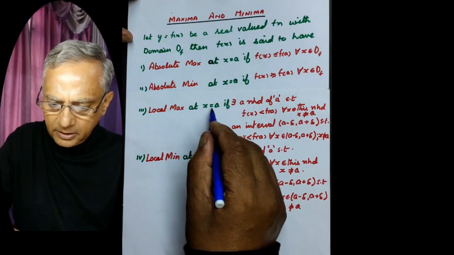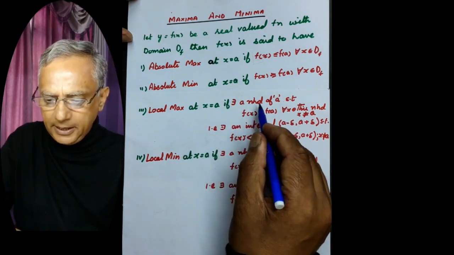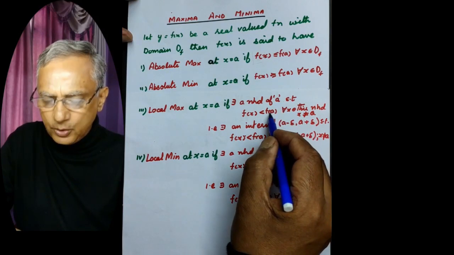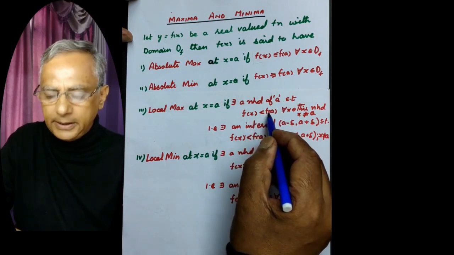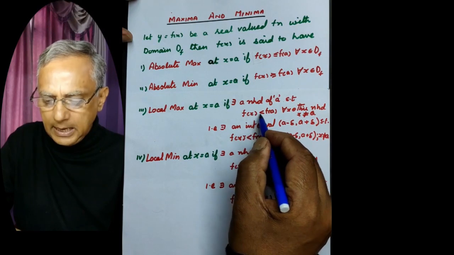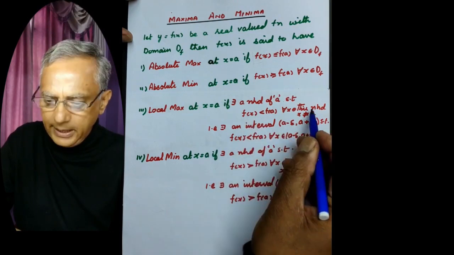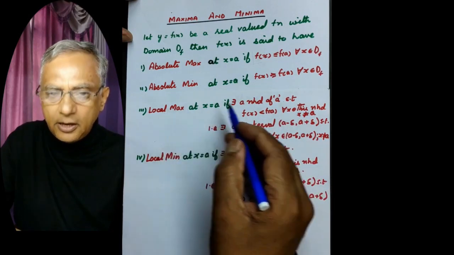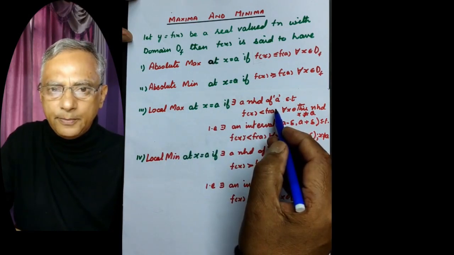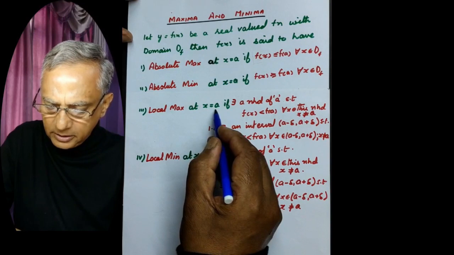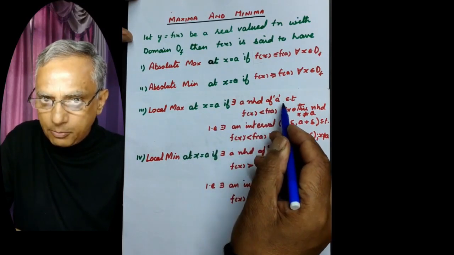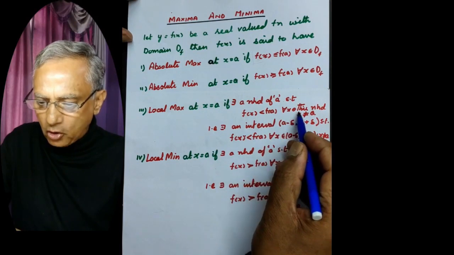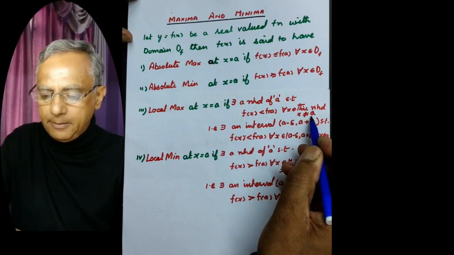Local maximum at x equal to a if there exists a neighborhood of a in which this value is the maximum value, that is all other values are less than this value in this neighborhood. Then it is the local maximum value. Local maximum at x equal to a if there exists a neighborhood of a such that f(x) is less than f(a) for all x belonging to this neighborhood.